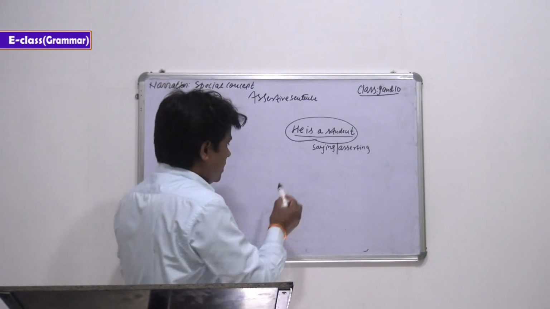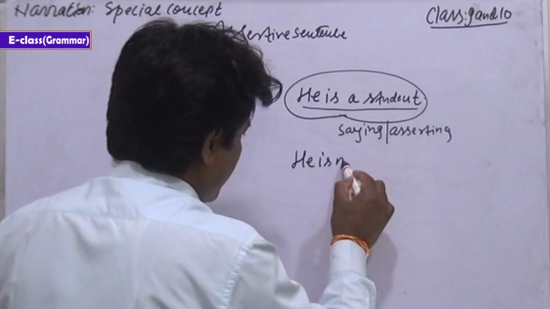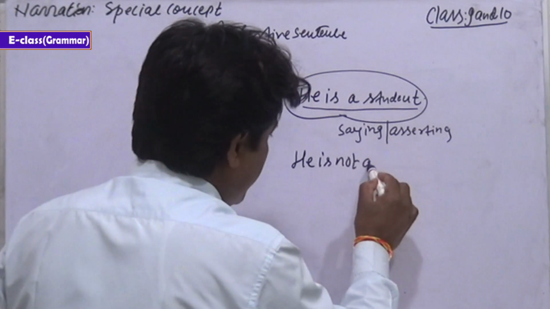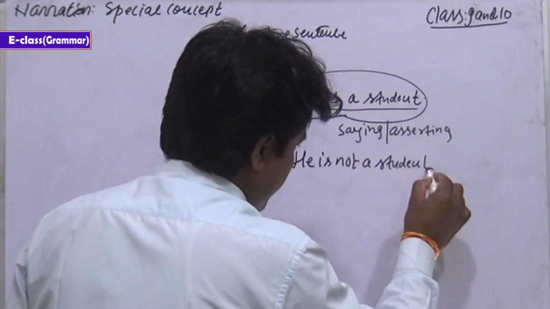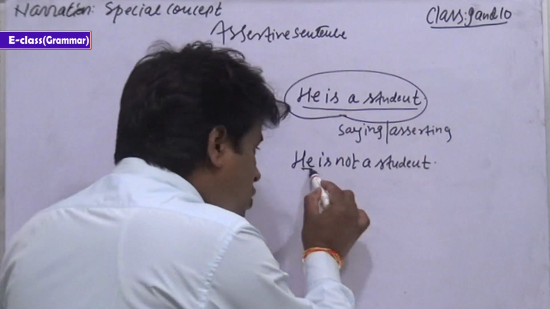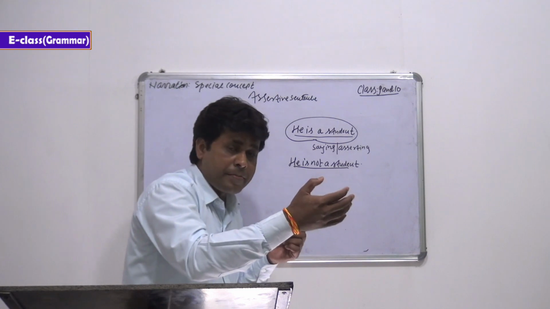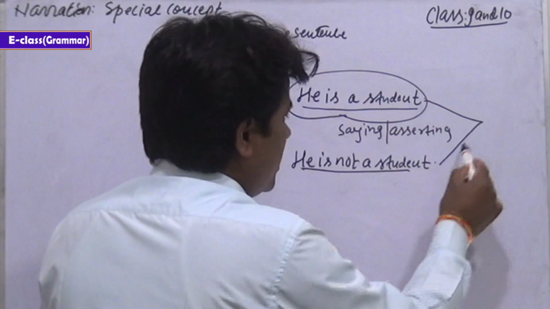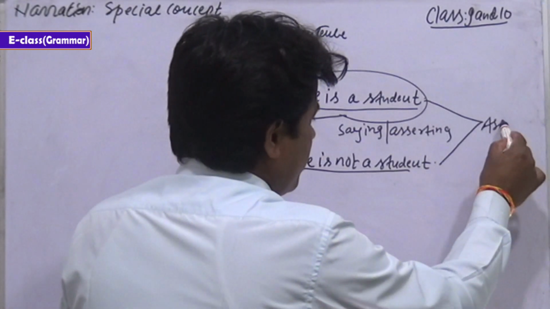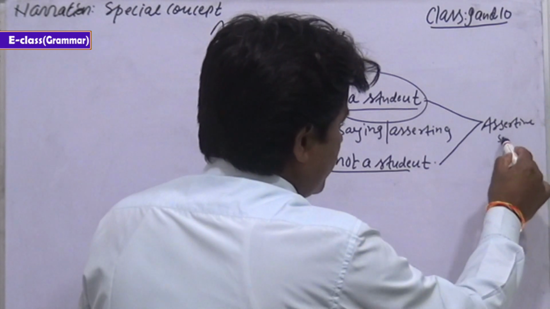Second, he is not a student. My dear student, this is also saying something. So this is also an assertive sentence. These both are termed as assertive sentence.